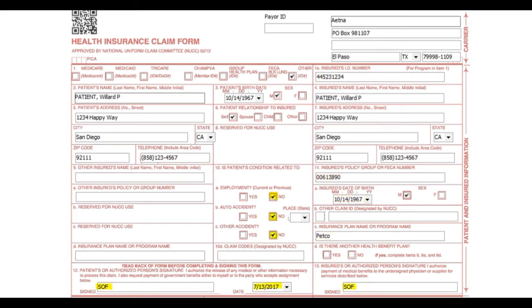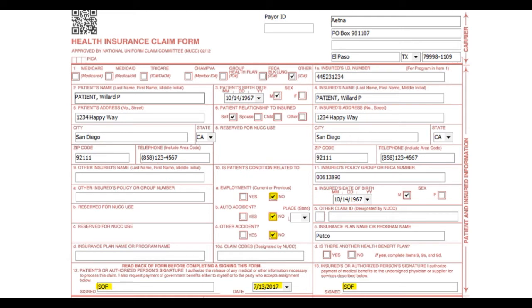Box 10 is asking if the patient's condition is related to an employment accident, an auto accident, or another accident. And for the purposes of this example, we are marking no in each box. Box 12 is the release of information, and the SOF is the acronym for signature on file, and either is acceptable, SOF or signature on file, and then the date.